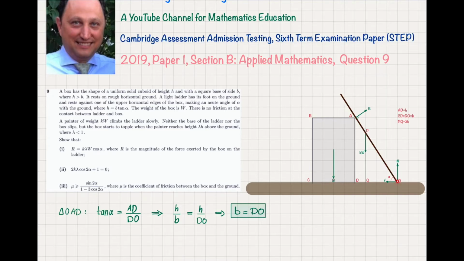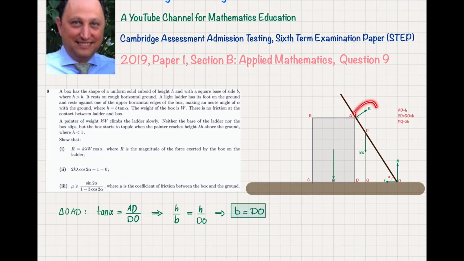Because then the torque of N and the torque of F about O would be 0. The perpendicular distance of the point O from the line on which N and F lie is equal to 0. So the torque of N about O as well as the torque of F about O is equal to 0.